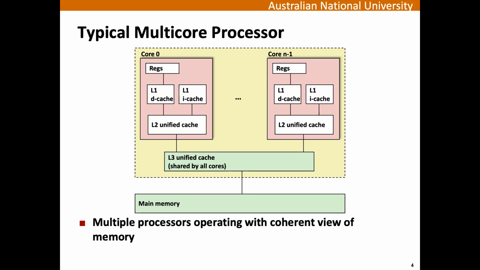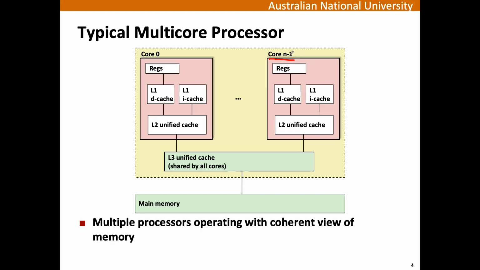At a high level, each core has its own register file, its own set of physical registers, its own private cache hierarchy that it can use for storing the working set. And there is a shared cache that is used by all the cores. We call each of these a core, and each core can run an independent process and a thread.